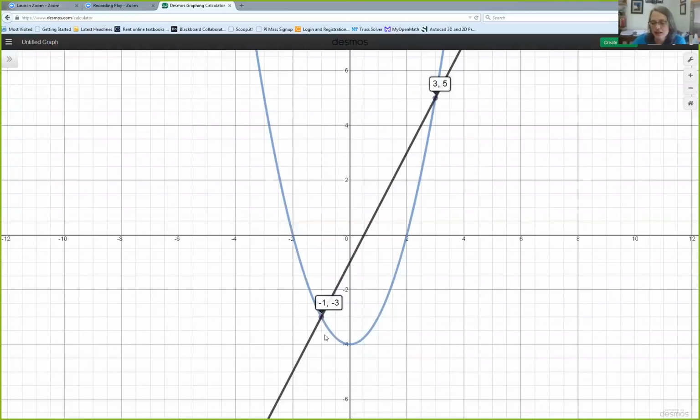Now, here's the thing. If I move these points, the slope of the line moves. And what we're finding is the average rate of change, or the slope of the secant line between these 2 points. This is called a secant line. It goes between 2 points on a graph. In later classes, specifically calculus, you'll be talking about the slope of a line tangent to a graph.